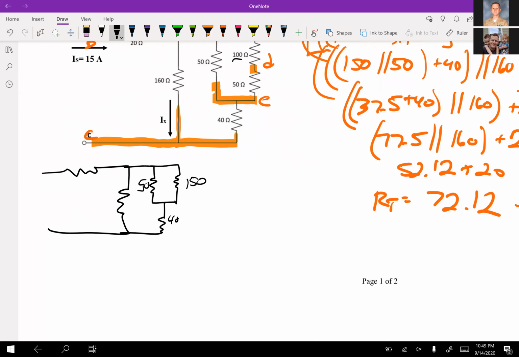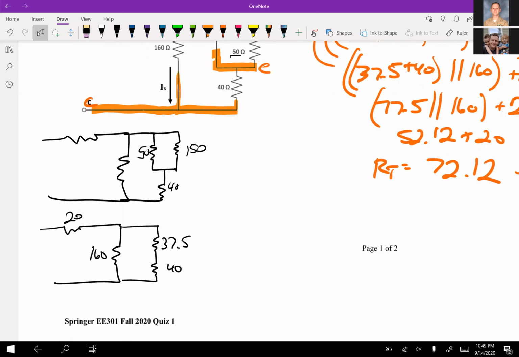Adding the 100 and the 50 makes 150. Put those together and I redraw again: 37.5, 40, 160, 20. There's the 52.12, and here's the 20. And I can see there's my total for everything.